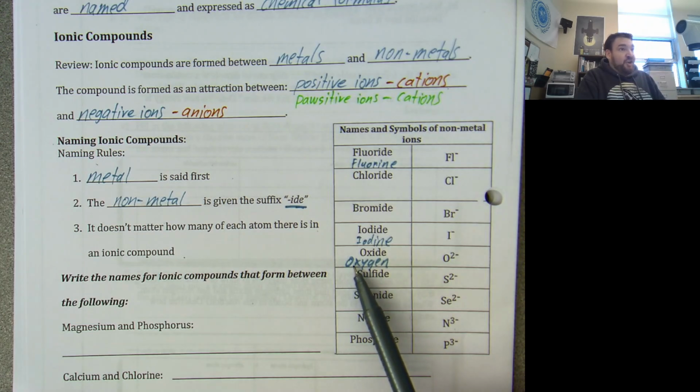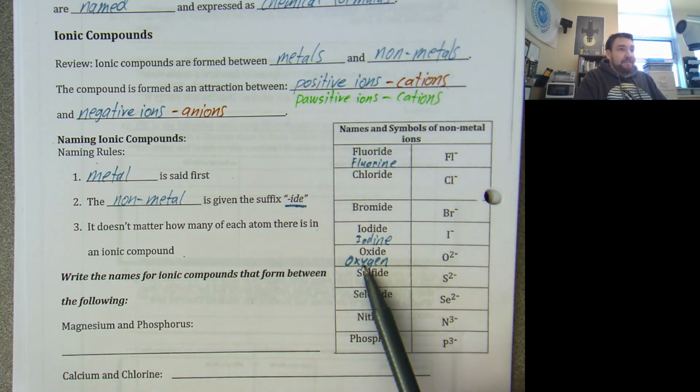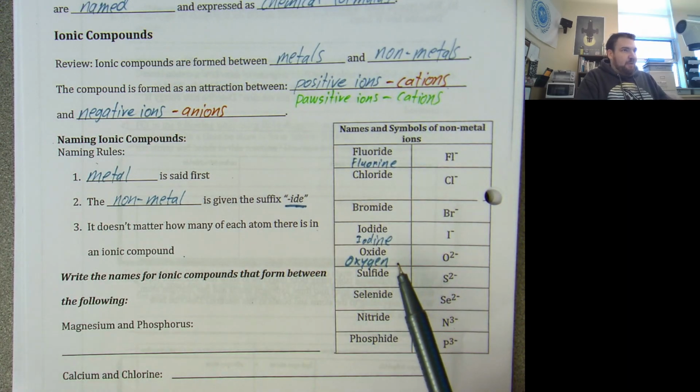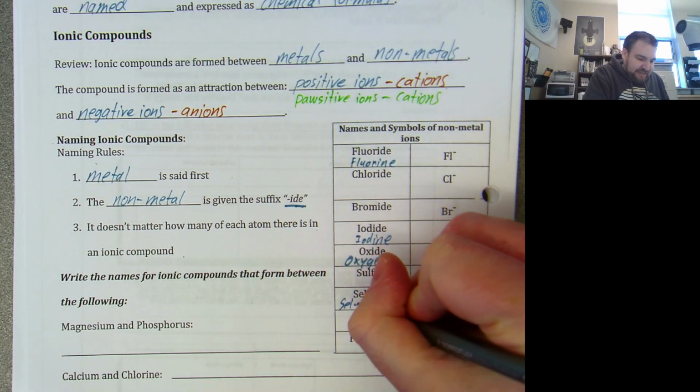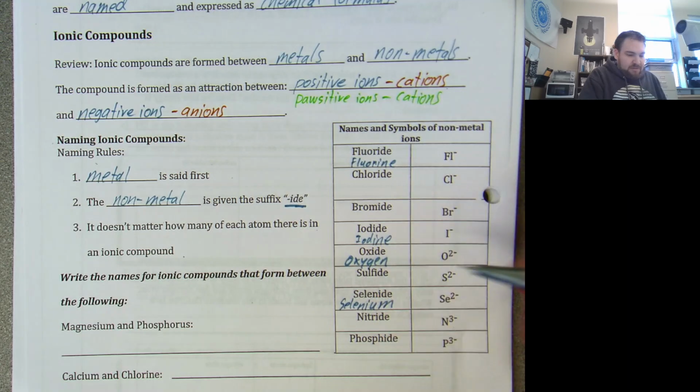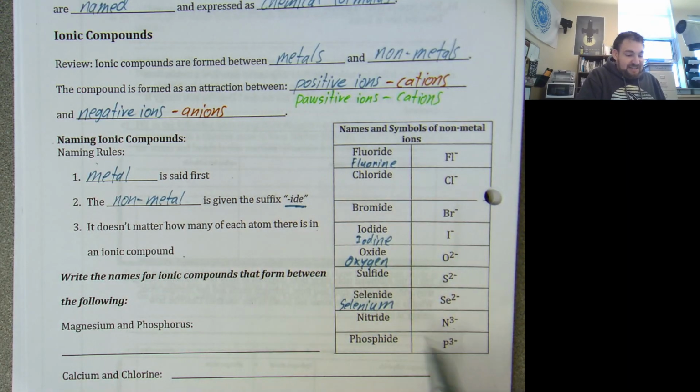So then you replace, starting at the second syllable where that y was, that's where it starts and changes to ide. So again, it takes remembering what syllables actually are. Sulfur becomes sulfide. This one breaks that rule. A selenide is actually selenium. 4 syllables there, and it takes the last 2 out.